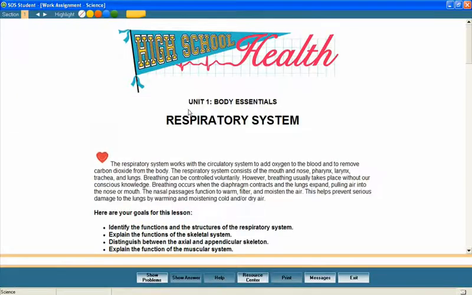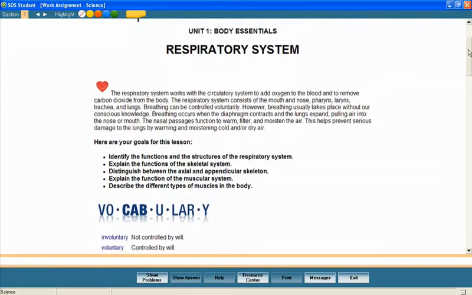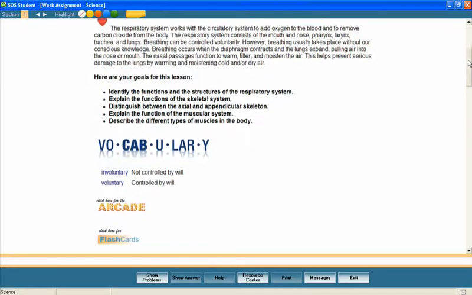In a unit entitled Body Essentials, let's look at a lesson called Respiratory System. Most lessons begin with a brief introduction and a list of goals or objectives for the lesson. These objectives help students stay focused on important lesson content and provide parents with an effective way to measure mastery of lesson content.